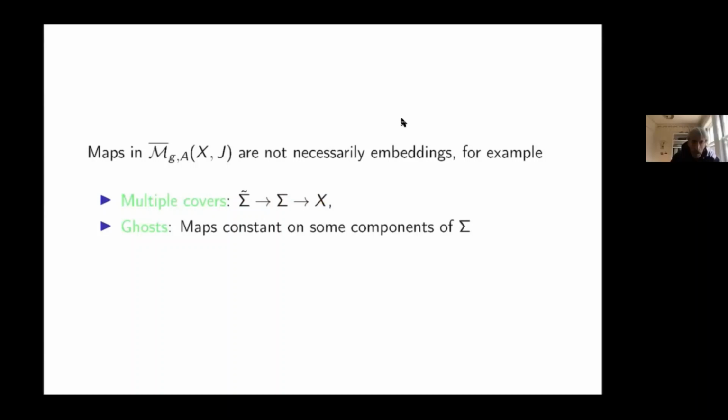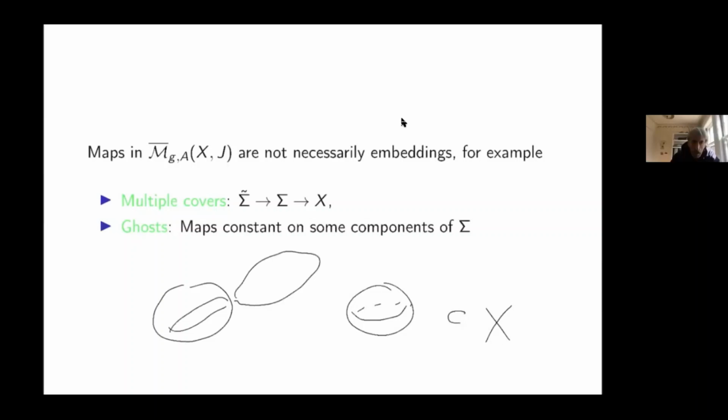If you consider the compactification, it becomes even worse because you have to add maps which are constant on some components. These are called ghost components. So for example, you could have a nice embedded genus 0, a nice pseudo-holomorphic sphere, which is embedded, everything is fine. But then you can just add a higher genus surface.